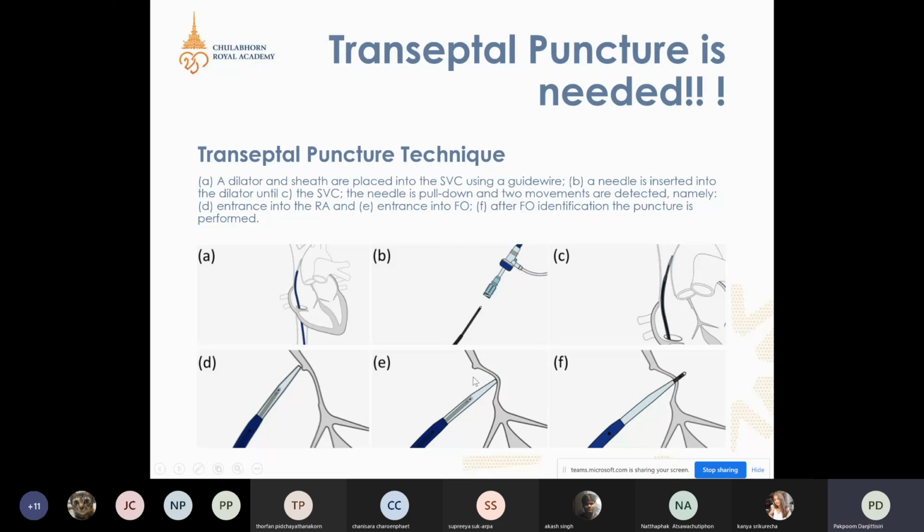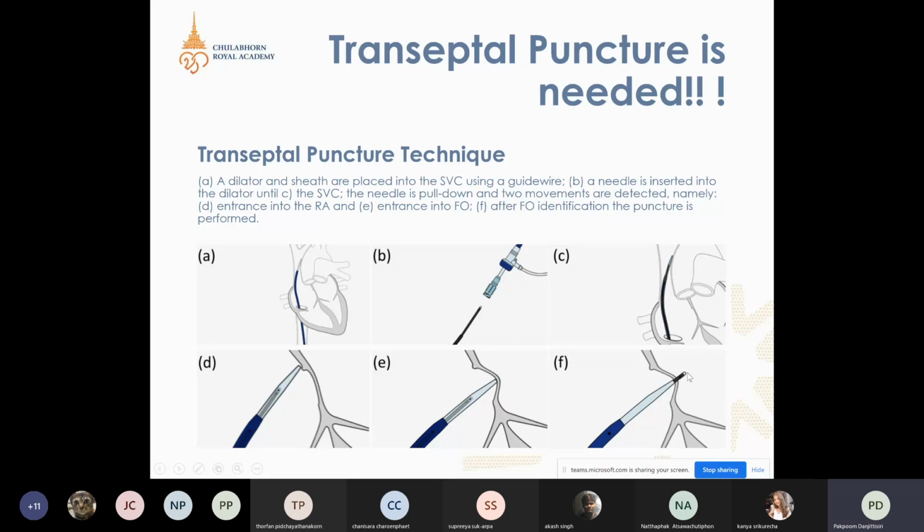Okay, after the dilator is at the area of the fossa ovalis, the Brockenbrough needle will be advanced a little bit into the interatrial septum, and then try to puncture the septum and let the needle out into the left atrium.